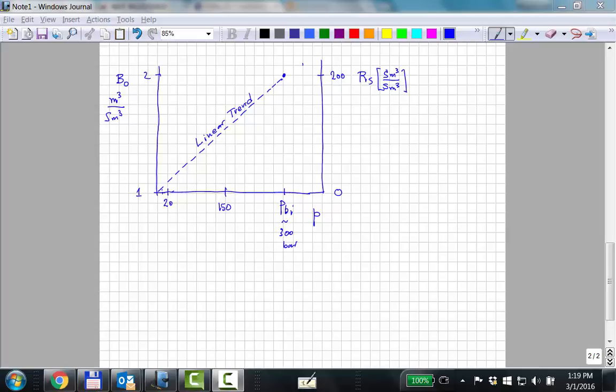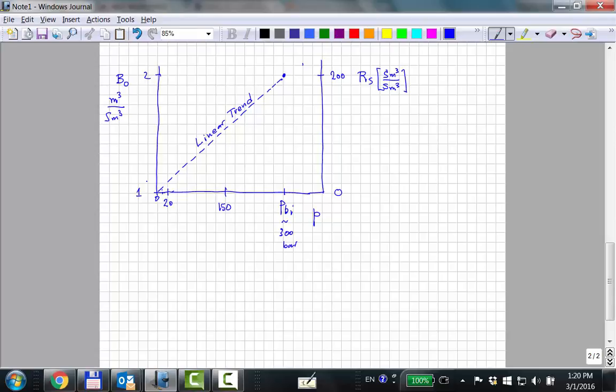Now, the simplest way to look at it is that I gave you the initial value at initial bubble point pressure, about 300 bar. We have the BO of 2. That's what I said. It might be 1.5, it might be 2.2, whatever it is, I tell you that. The simplest thing you can do is just draw a straight line from that point down to the intercept of 1 and 0. 0 gas in solution, we're down to an oil that's not changing at all because there's no gas in solution.